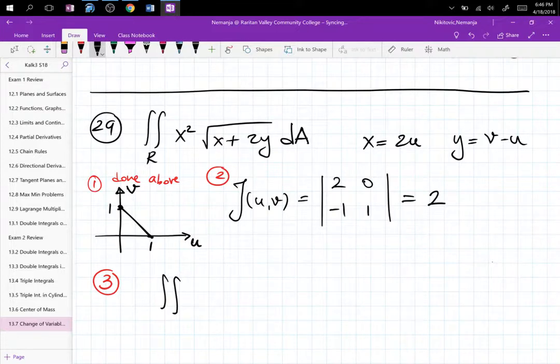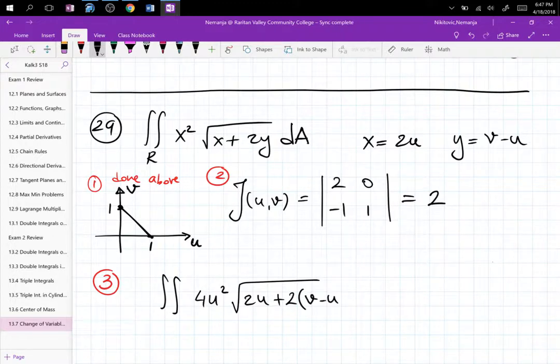So x squared becomes 4u squared, and then the square root, x is 2u plus 2 times, and y is v minus u. And we have times the Jacobian, which is 2. And now we have dv du or du dv. Well, hopefully it's going to be dv du.